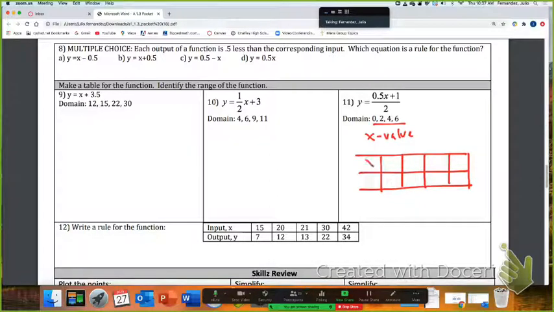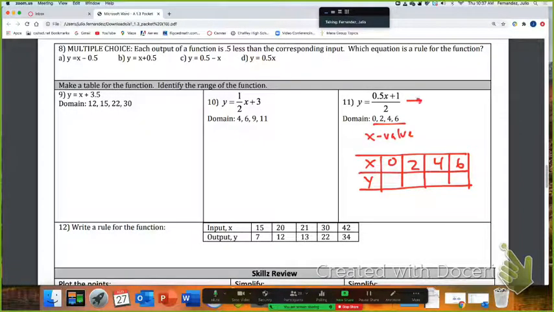Okay, so we'll call this our x, our y. This is 0, 2, 4, 6 for our x values. And to find the y values, we're going to just plug in this into this. This looks a little confusing, but it's not too bad, okay? If you take it little by little. So let's find our y values.